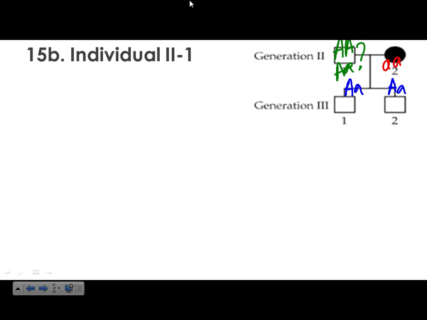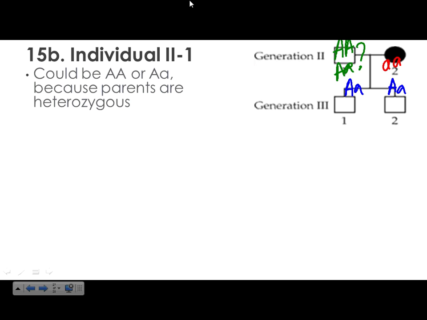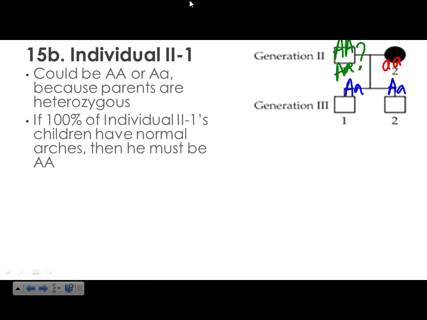So we don't know. They could be big A or big A little a because their parents are heterozygous. If 100% of individual 2-1's children have normal arches, then they must be big A.